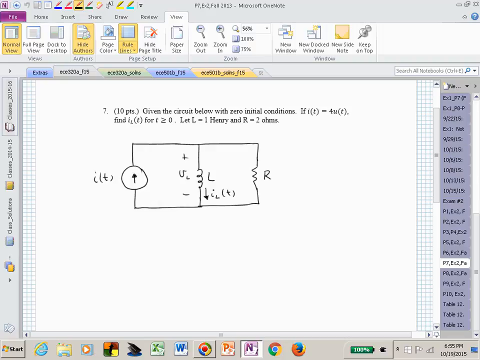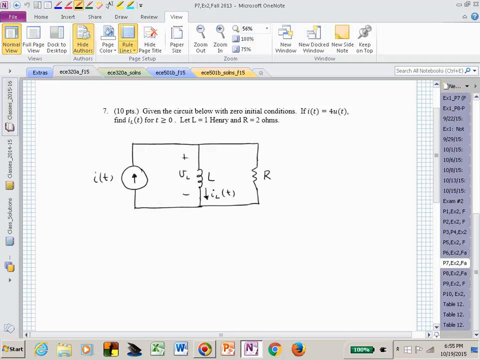So this is just a first order differential equation, and you should actually be able to solve those in the time domain if you wanted to. But we're doing Laplace, so we're probably wanting to Laplace transform, then inverse Laplace transform to find the resulting answer.